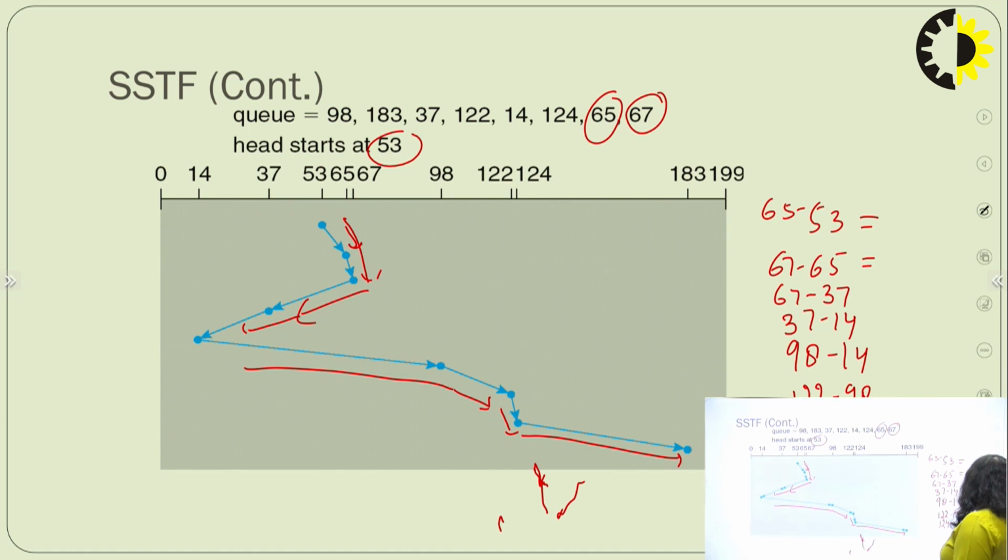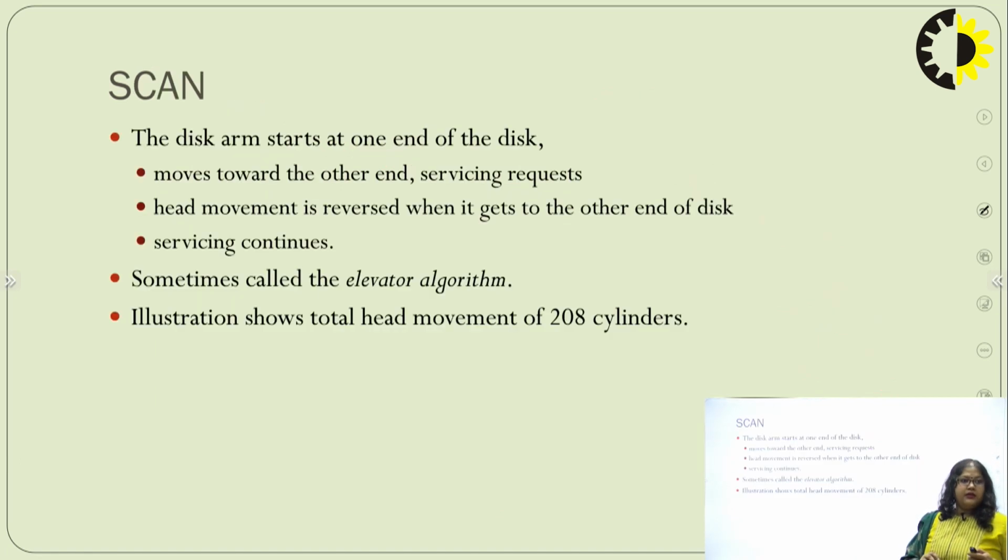So we have to calculate the total head movement: 124 minus 122, and the last is 183 minus 124. These are all the numbers we have to calculate for the total head movement using the SSTF algorithm. The SSTF algorithm is used for the minimum distance from the head start. So this is the second algorithm.